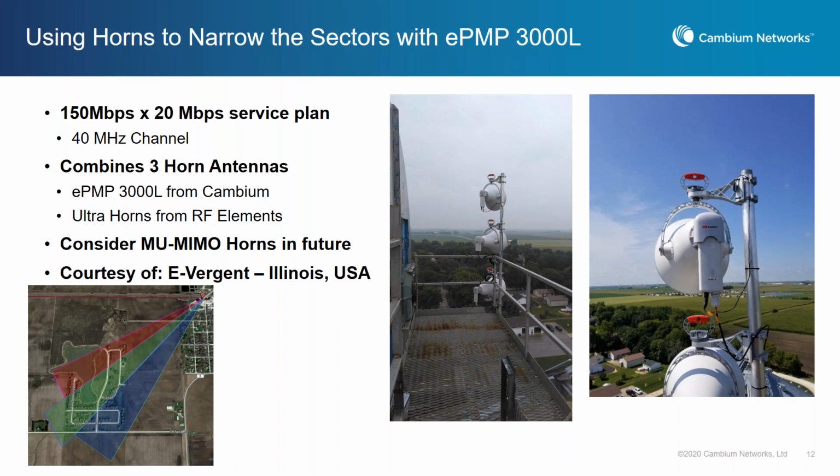So they're offering 150 megabit per second service plans, and they're doing that by overlaying three horn antennas adjacent to each other and covering that area. So it's another way to expand capacity and insert lots of capacity into an area.